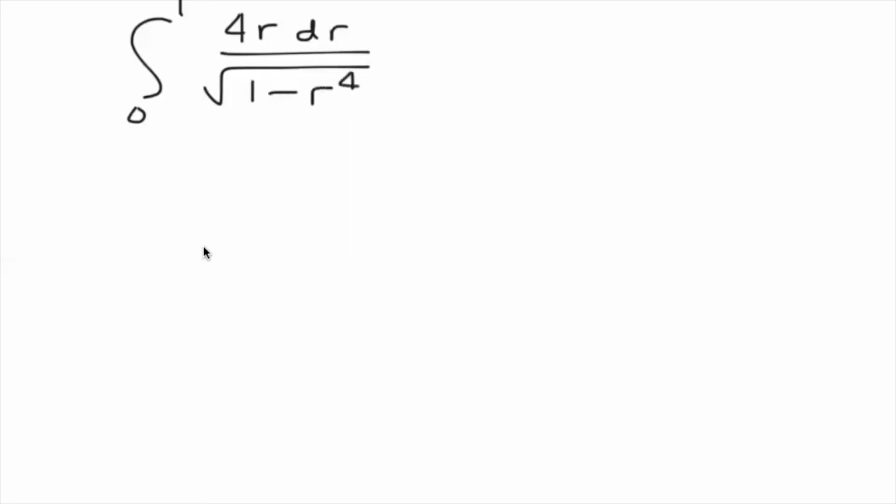So because this expression is undefined when r equals 1, in fact, it has a vertical asymptote there, we're going to write this as the limit as b approaches 1 from the left. So let me just stop for a second and explain why it's set up like that.